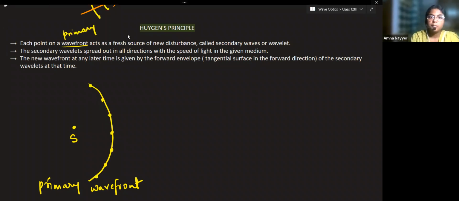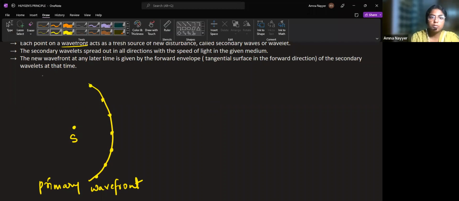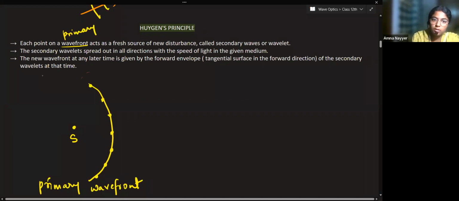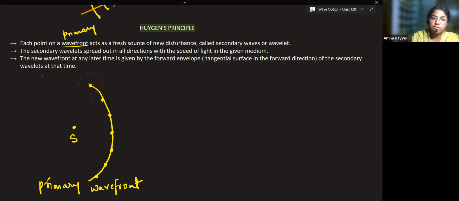Why? Because now see what will happen. This acts as a new point source. This was a source which developed the primary wavefront. Now this point is also acting as a fresh source of wavefront. This point will also act as a fresh source, and this point, this point.